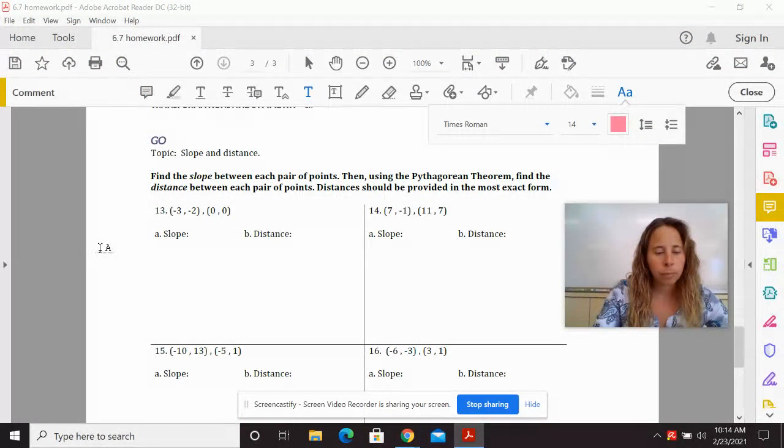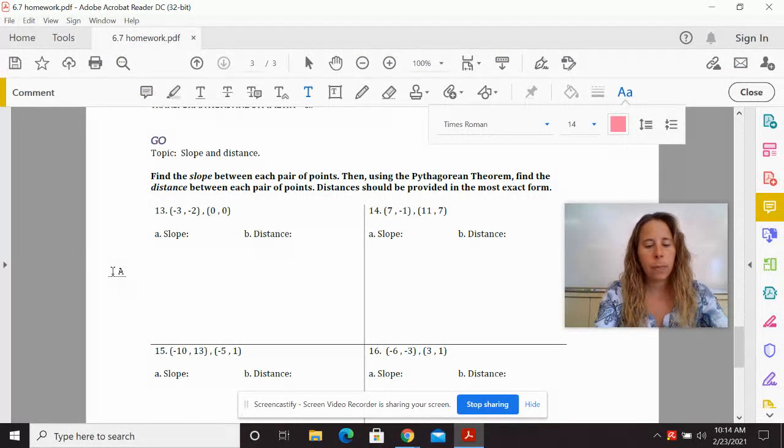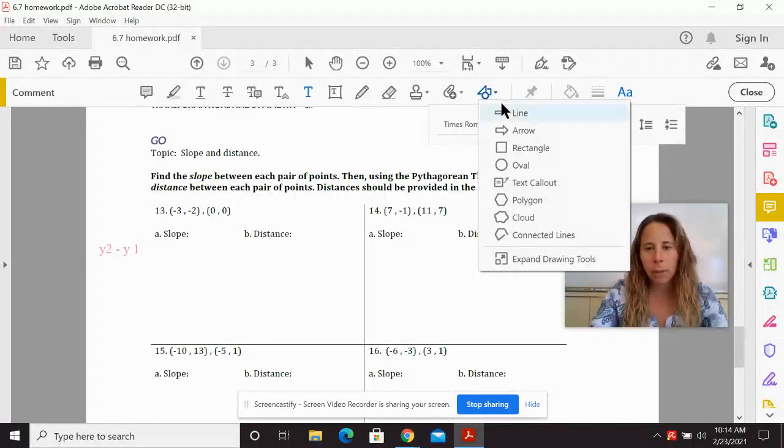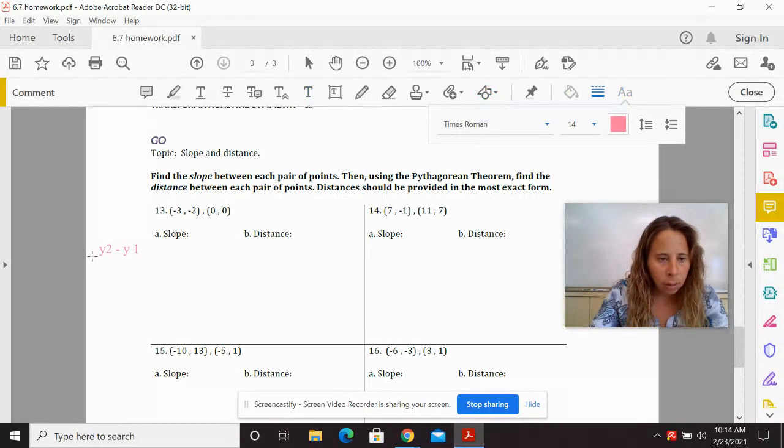So y2 minus y1 and all of that. Let me see if it'll let me do this. Yeah, over a little bit higher.